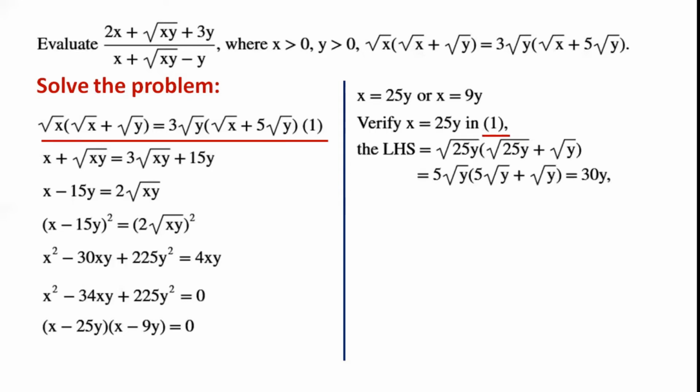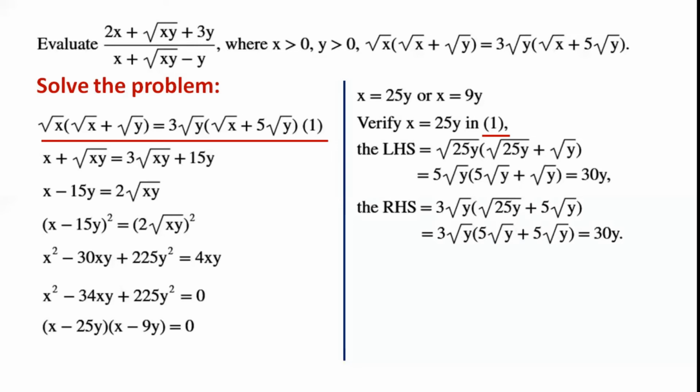Verify x equals 25y in equation 1. The left-hand side equals √(25y) times (√(25y) + √y), which can be written as 5√y times (5√y + √y) equals 30y.